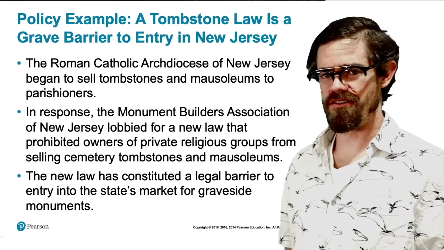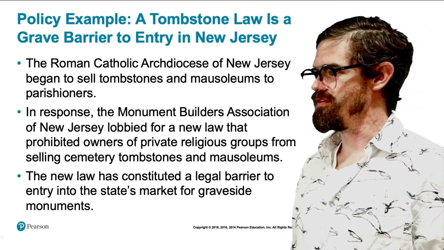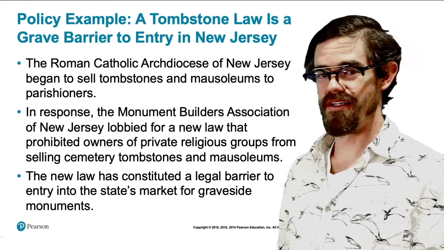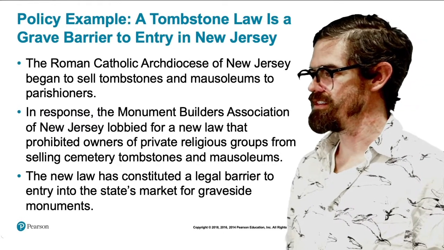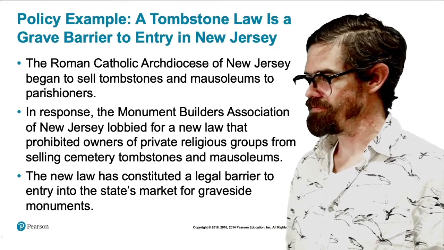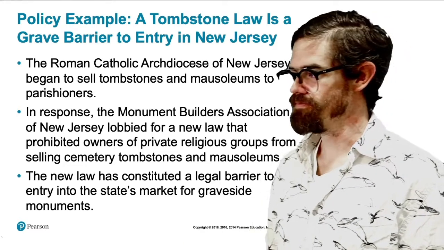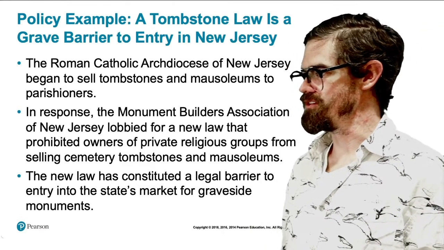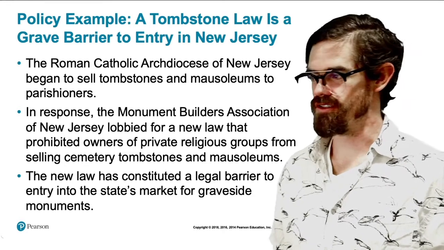All right, let's think about a policy example real quick. There's a tombstone law that is a grave barrier to entry in New Jersey, pun intended, I think. The Roman Catholic Archdiocese, I think that's how you say it, of New Jersey, a religious leader, began to sell tombstones and mausoleums to parishioners.